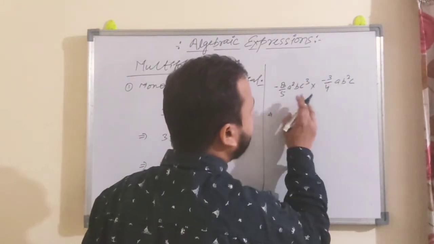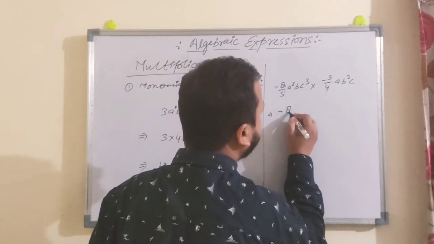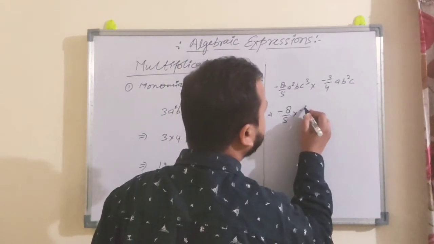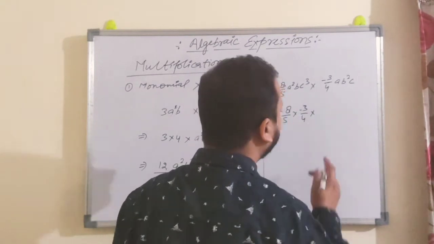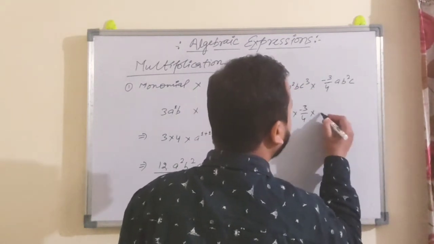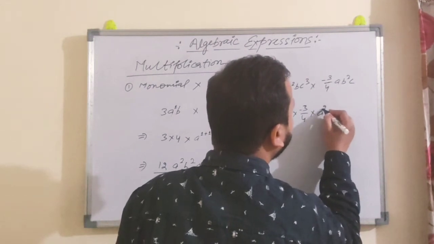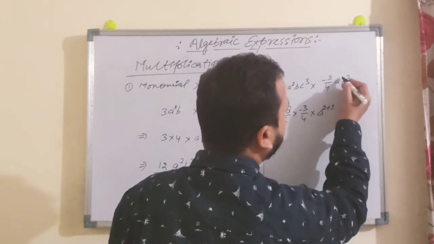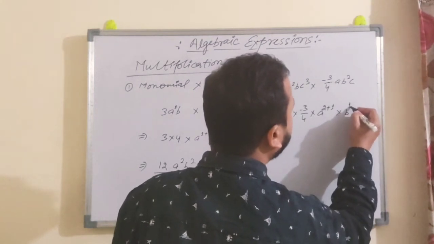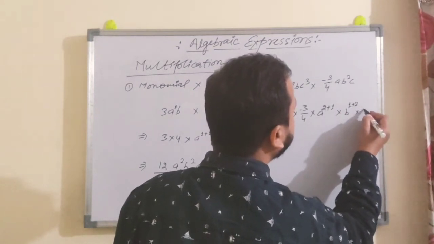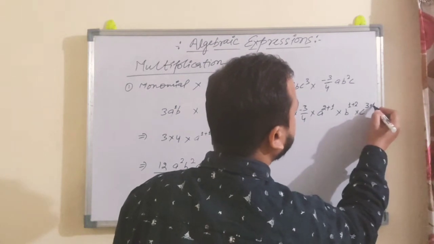So first we have to multiply the numerals. So minus 8 by 5 multiplied with minus 3 by 4. And then here a square, so a power 2 plus a power 1, because here the power is 1. Then b power 1 plus 2. And then c power 3 plus 1.